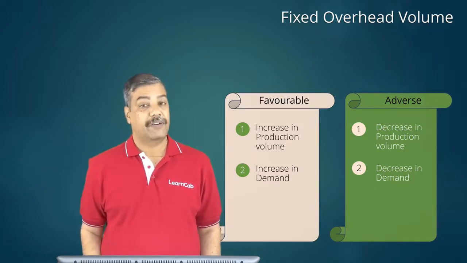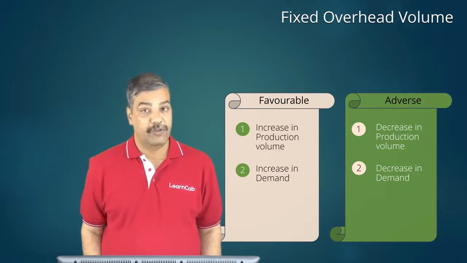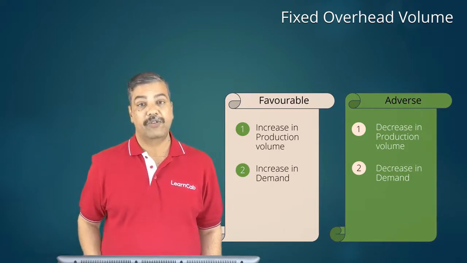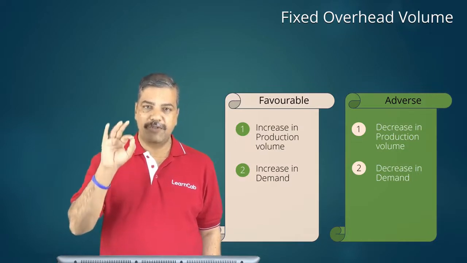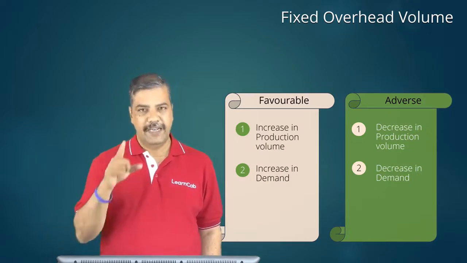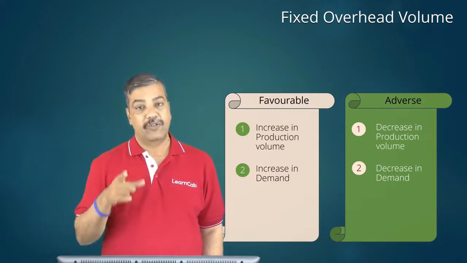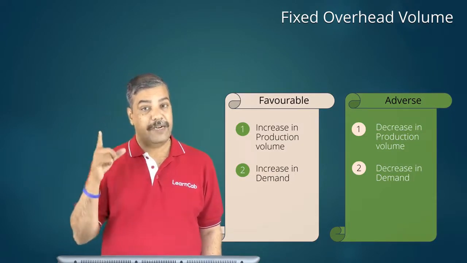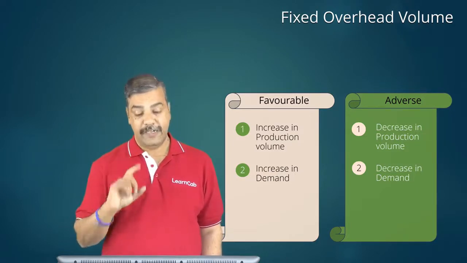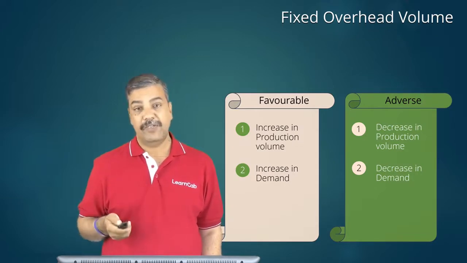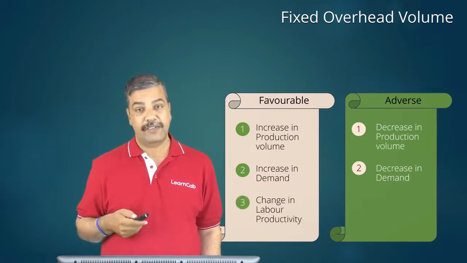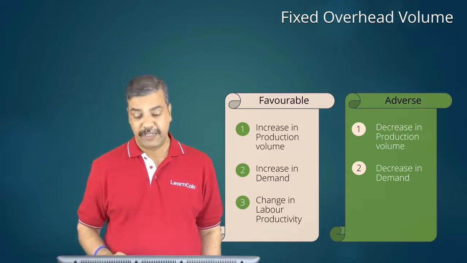But fixed cost needs to be incurred even though you don't manufacture anything, even if you close your company for that particular month because of no orders, no demand, still fixed cost is incurred. So it's an adverse impact if the demand is decreasing. So it relates to the problem. These are the things you need to analyze when you do variance analysis. Variance analysis is a very important tool for doing all this analysis.